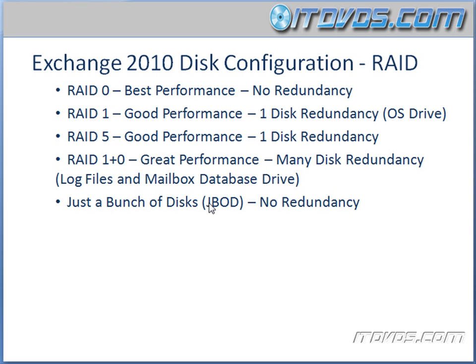So in that situation, we kind of, in theory, don't mind if we lose a drive because we've got a copy of the mailbox database on another server, and with high availability, that mailbox database copy will automatically start up and take over.